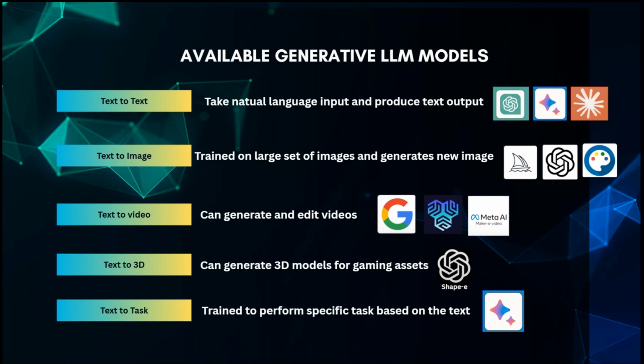So there is Midjourney, DALL-E, and other image AI models, and there are text to video models, which are Google text to video, CogVideo, and Meta AI's Make-A-Video tools which you can use. And if you want to generate 3D models from text, you can use GPT's Shap-E model.